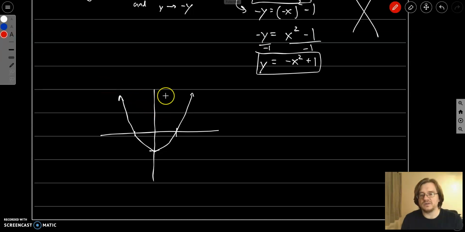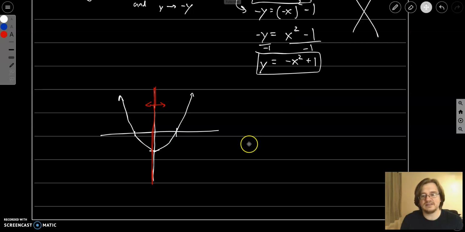What we notice is that yes, this does have the y-axis symmetry. If we highlight the y-axis and flip the graph over in this way, we still get the same thing, but not if we flip from top to bottom, and not if we rotate 180 degrees. So this has y-axis symmetry, but not x-axis symmetry, and not symmetry about the origin.